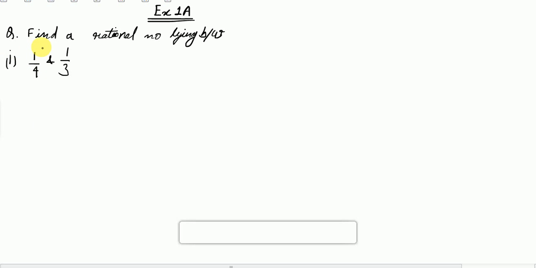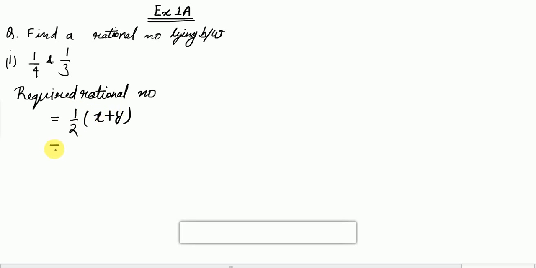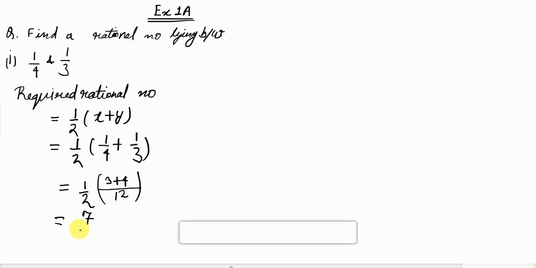Question: find a rational number lying between 1/4 and 1/3. As I told you, the required rational number lying between two rational numbers x and y is equal to 1/2 (x + y), where x is equal to 1/4 and y is equal to 1/3. So 1/2 times, taking LCM, 4 and 3 are 12, and 3 plus 4 is 7, and 12 times 2 is 24.